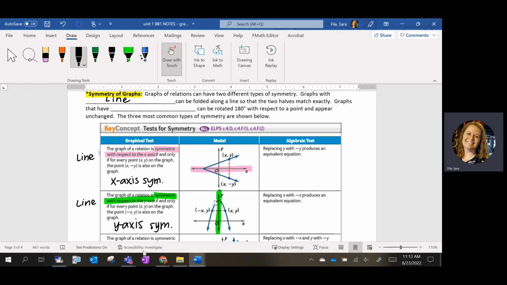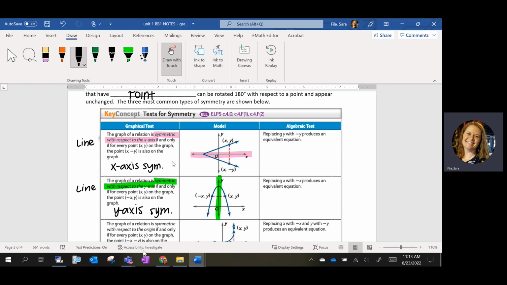Those are two common types of line symmetry that we're going to be on the lookout for. The other type of symmetry other than line symmetry is called point symmetry. Point symmetry is when your graph can be rotated around a given point and appear unchanged. So you rotate it instead of fold it. It's not reflectional symmetry, it's rotational symmetry. Does that make sense?